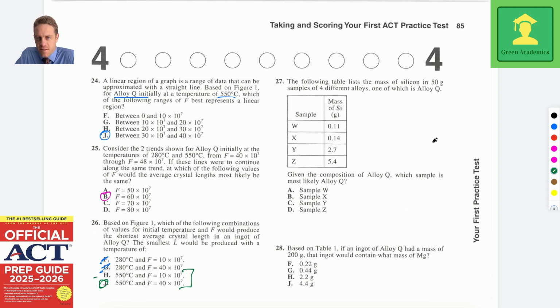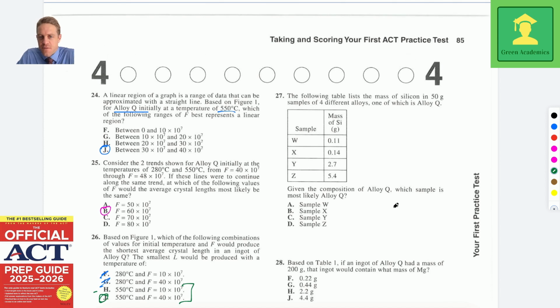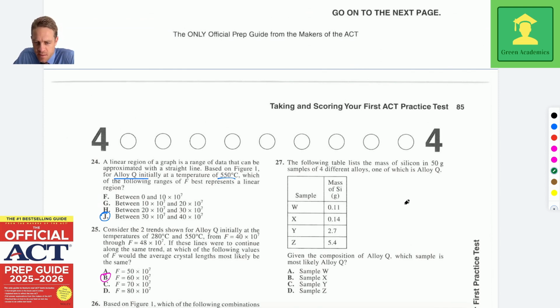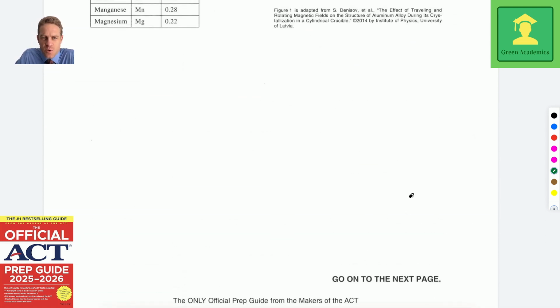The following table lists the mass of silicon in 50-gram samples of 4 different alloys, one of which is alloy Q. Given the composition of alloy Q, which sample is most likely alloy Q? The mass of silicon in 50-gram samples. Well, this has to do with the percent composition or density.